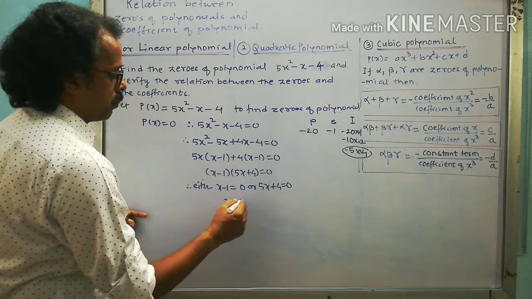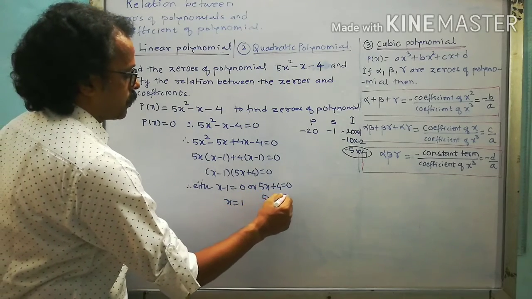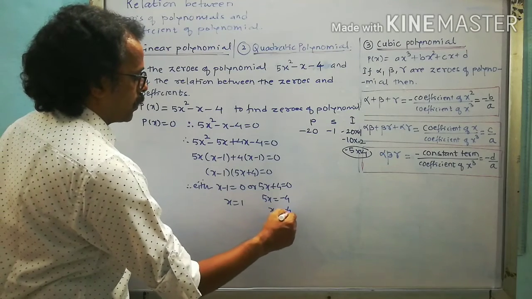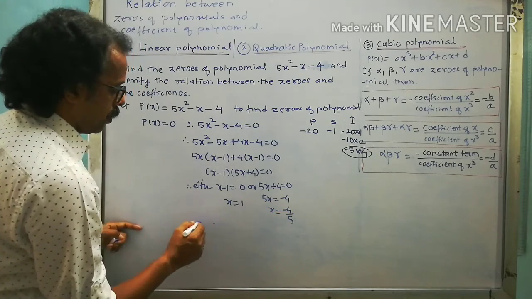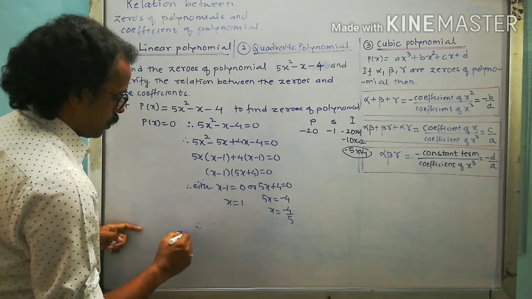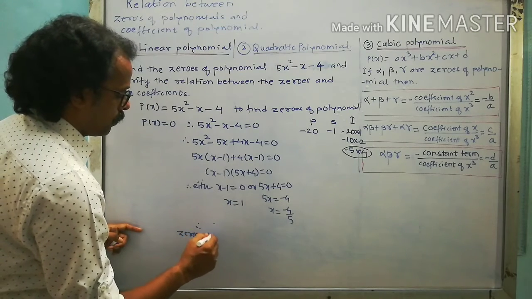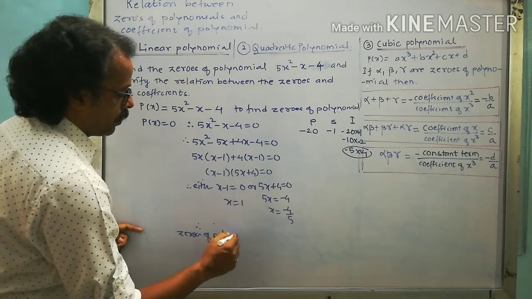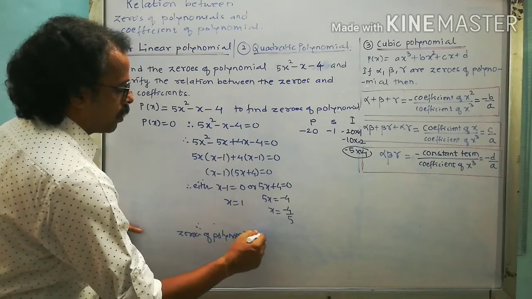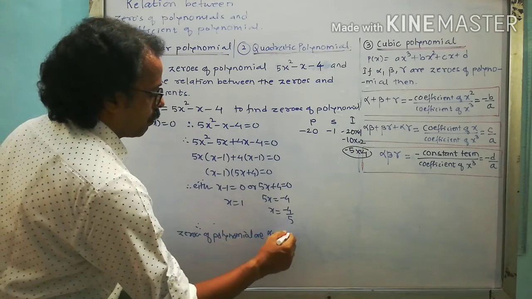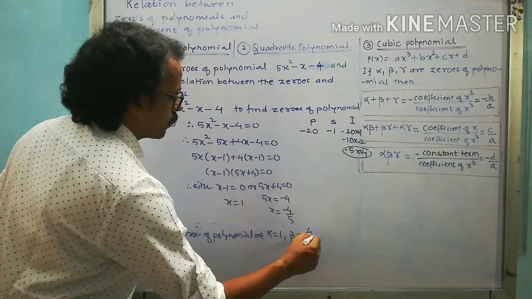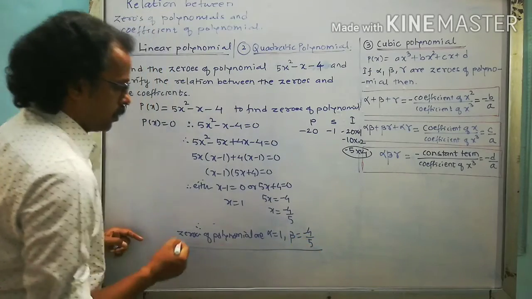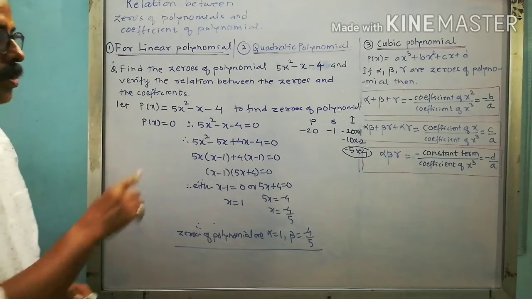So x is equal to 1, 5x is equal to minus 4, x is equal to minus 4 by 5. So therefore, zeros of the polynomial are alpha is equal to 1 and beta is equal to minus 4 by 5. So this is the first part of your question.